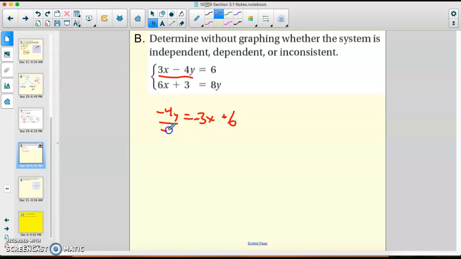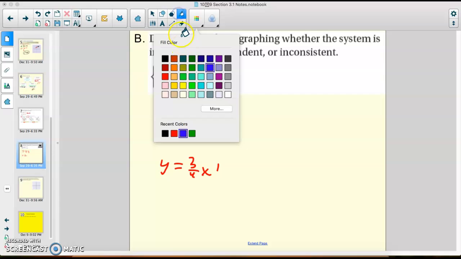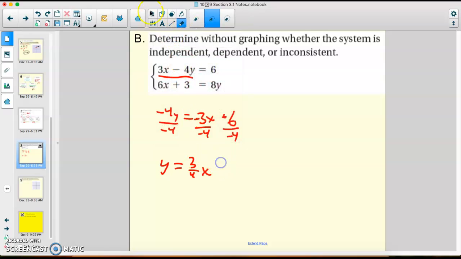And then we got to divide by -4. We're running a little bit low on time here. This would be positive 3/4 x minus, and then if we reduce it, we get 3/2.